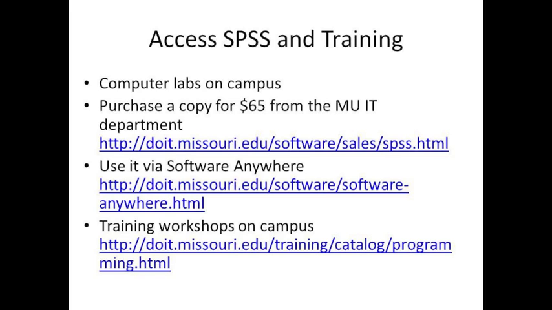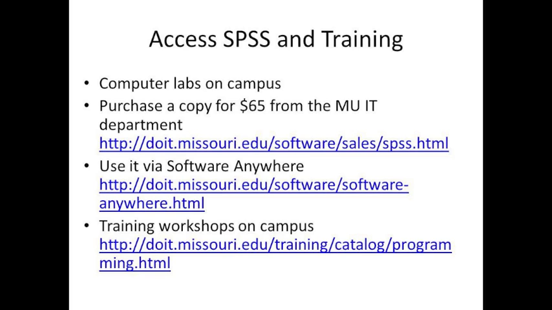You can also buy a copy for $65 from the MU IT department. This is not something that has been there for a long time. This was new only from a couple of years ago. In the past, students couldn't buy a copy of SPSS with this reduced cost, but now students can buy a copy from MU Department of IT.